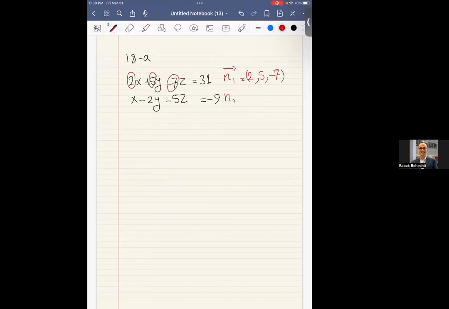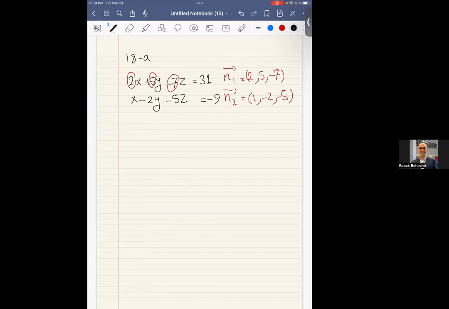The normal vector for the second plane is (1, -2, -5). Since these two vectors are not parallel, they're not in the same direction, that means these two planes must intersect.